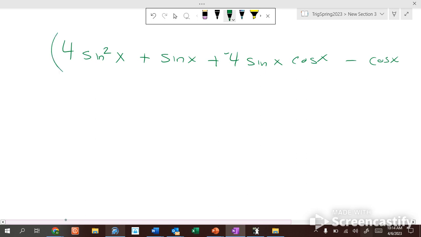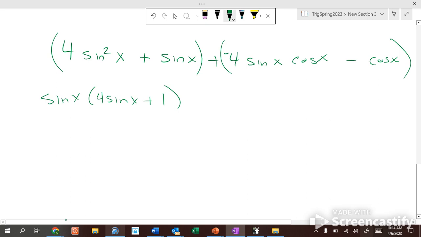Now we're going to group the first 2 and the last 2. What's the greatest common factor of the first 2? Sine of x. And I get 4 sine of x plus 1. What's the greatest common factor of the last two? Cosine of x, but not just cosine of x, because we wouldn't get matching things.